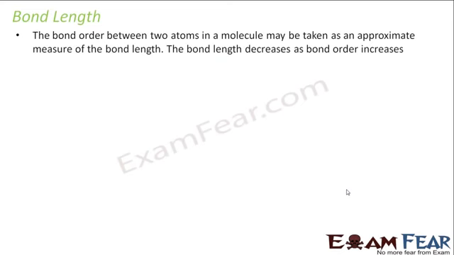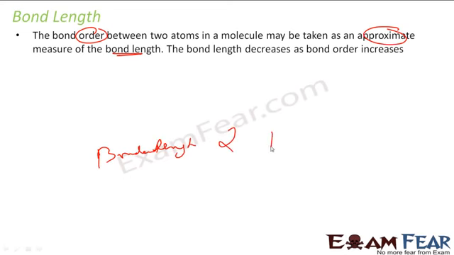When you talk about bond length, since till now we have just got the bond order, how do we get the bond length? So the theory says that the bond order can be taken as an approximate measure of bond length. That means bond length is inversely proportional to bond order.